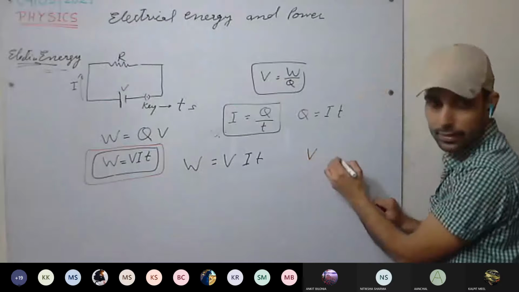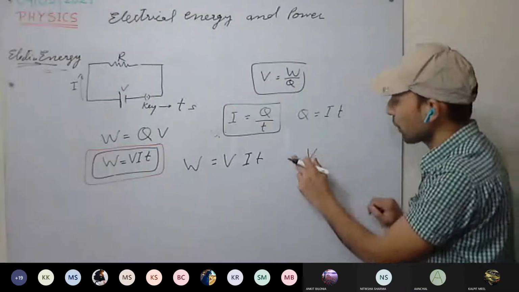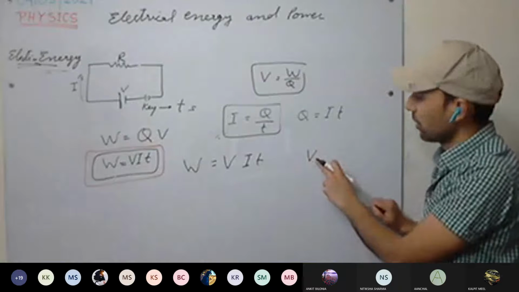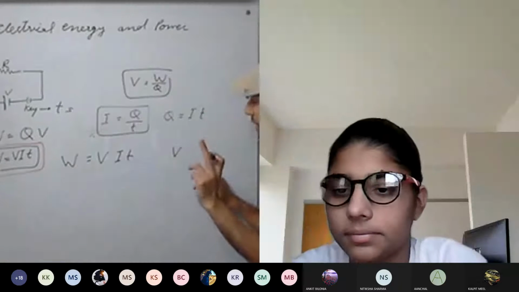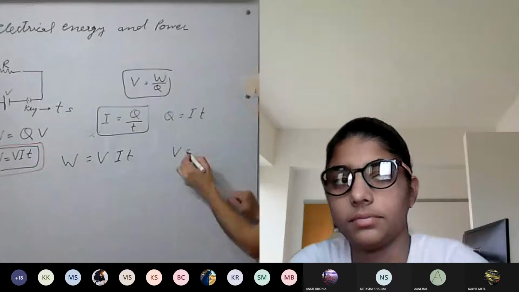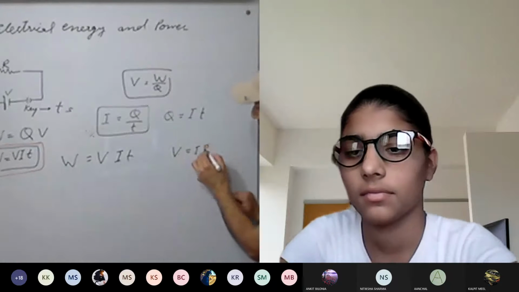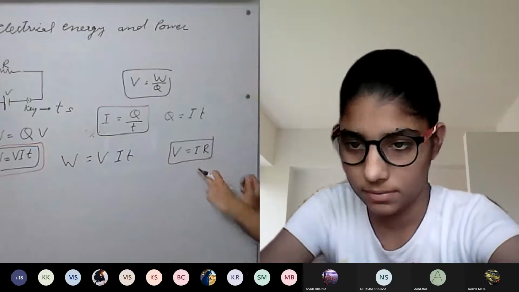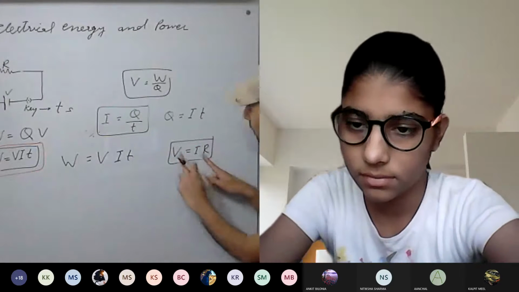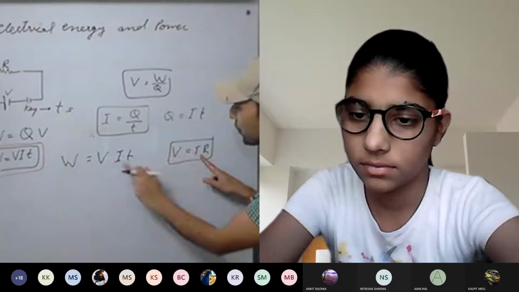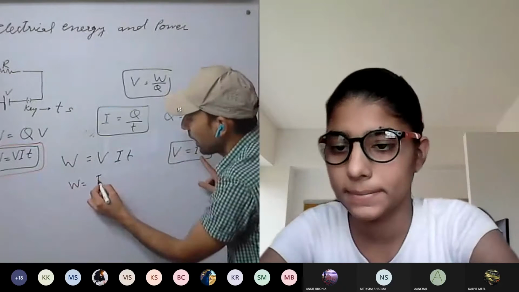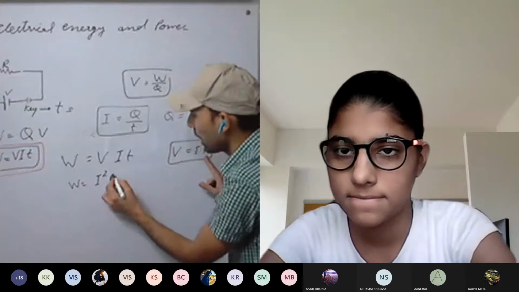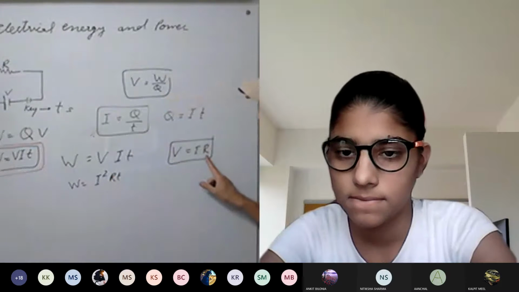V is proportional to I. That is, current is proportional to the potential difference. The more the potential difference, the more the current flows. That is Ohm's law. How are they related? V equal to IR. Now, if I replace V with IR, it will be I square RT.